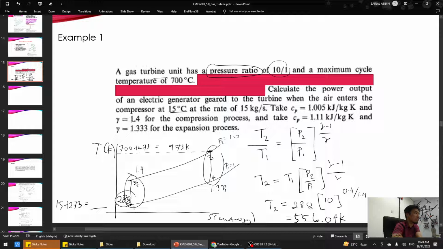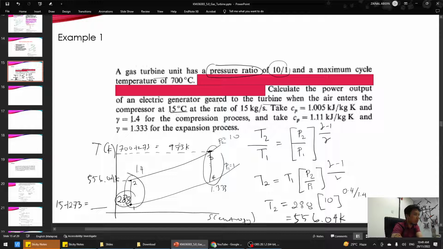Okay, 556, this is its temperature, right here, 556.04 Kelvin. And then the other one is T4.